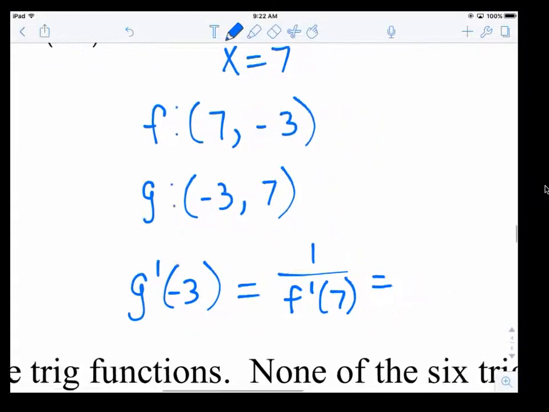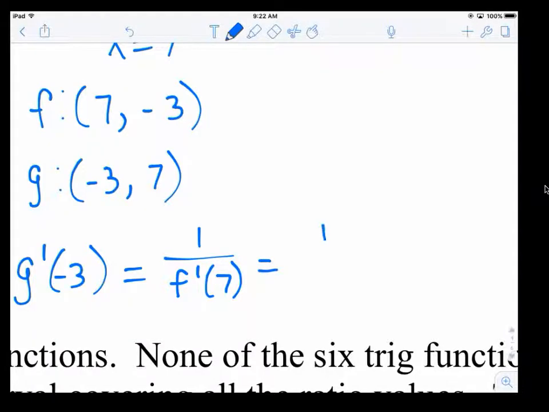And what is f prime of 7? So the slope for g at negative 3 is just a half, right? So again, corresponding points have reciprocal slopes. So if the slope here is 2 at its corresponding point, the slope is just the reciprocal.